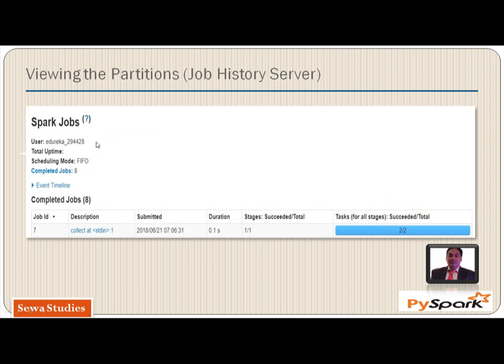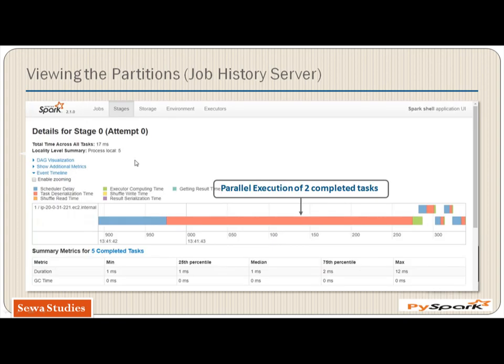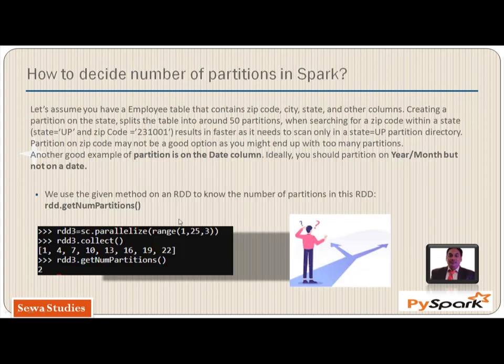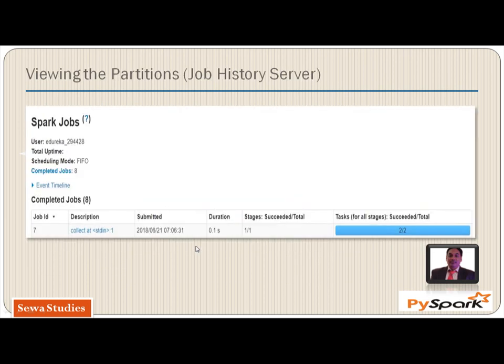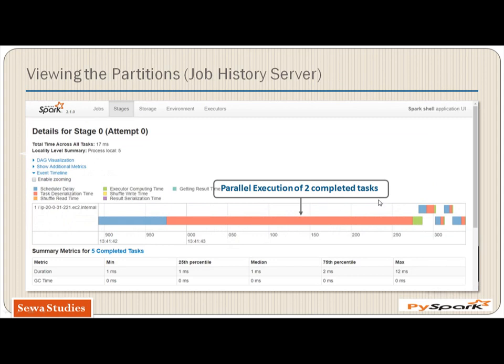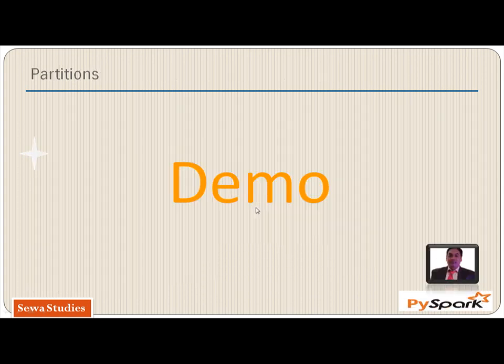Then you click the Spark job, and you get the number of partitions and the successful jobs. Also go to stages, and you see the parallel execution of the two completed tasks, because you have two partitions. You can see that the number of partitions is 2 and the completed tasks are 2 also. That's it. Let's go to the demo part.